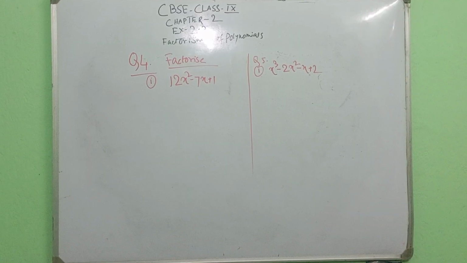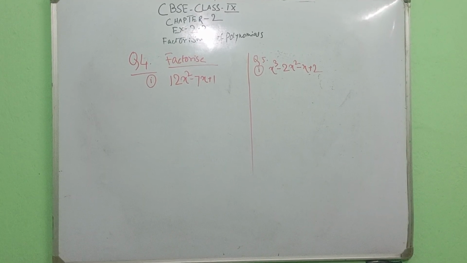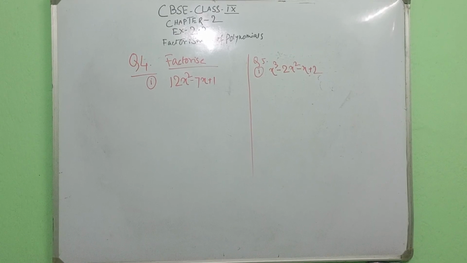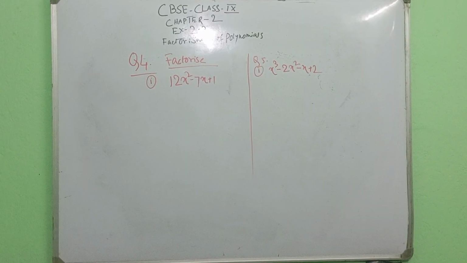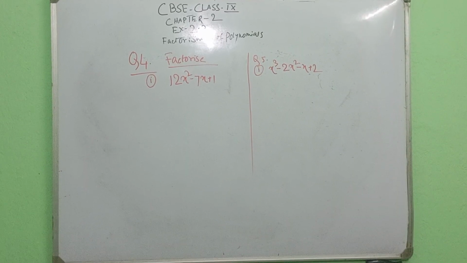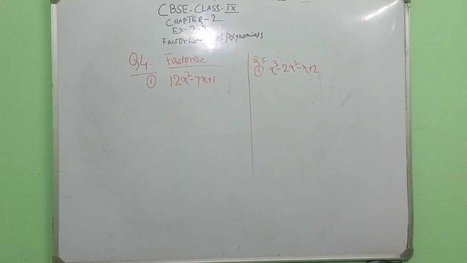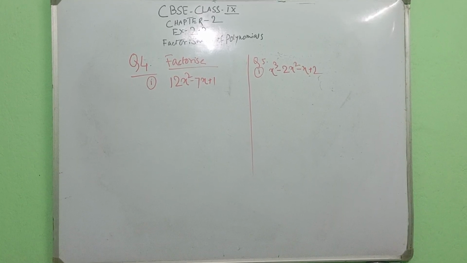What is that? Now the question number 4 part 1 is a quadratic polynomial, and the last one is a cubic polynomial of a single variable.